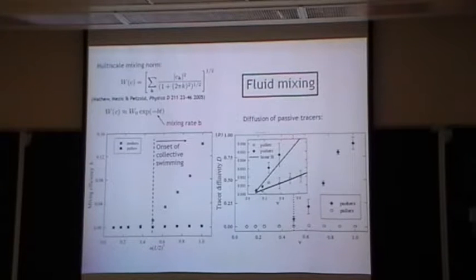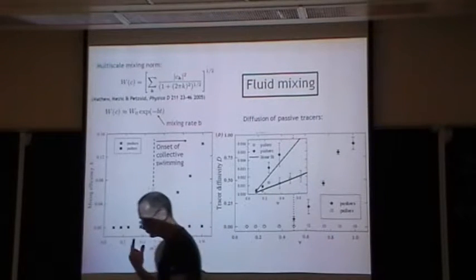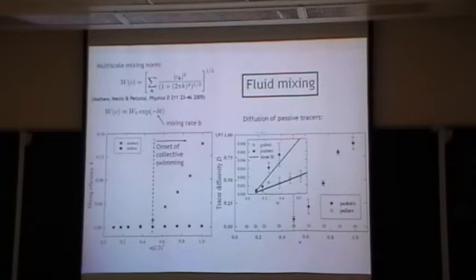Okay. And so it's interesting because one thing I didn't really go through here is that when you look at various quantities, for example, swimmer particle diffusion as a function of volume concentration, you really cannot see any signal in that.